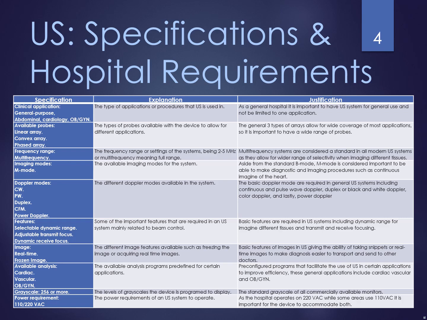We also look at the available grayscale in the screens. Typically they are 256. Some screens offer more, but this is usually the available. Also, the power requirements for the hospital, which is 110 or 220 volt AC.